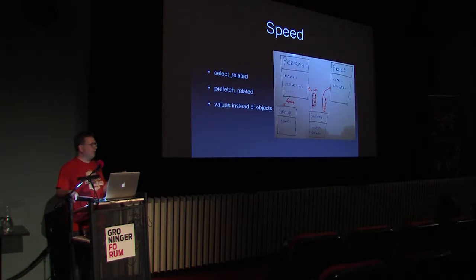Select related does a big join in SQL, so you only get one set of results. And prefetch related does only a query for the person database, and then Django figures out which IDs it needs to grab from the group. I'll show you in a minute. Which of the two is best depends on the situation, and then not for every kind of relation the select related is available. And the last one is use values instead of objects.